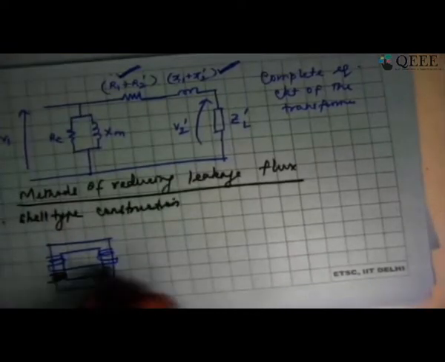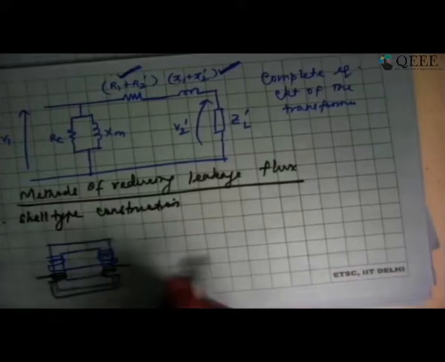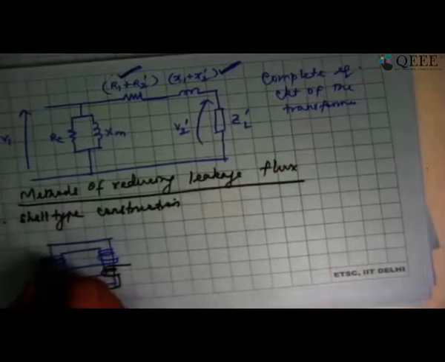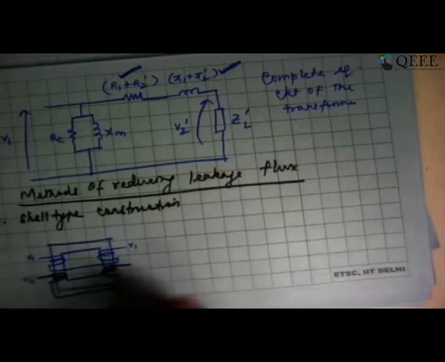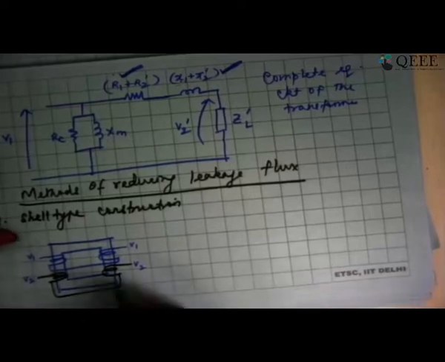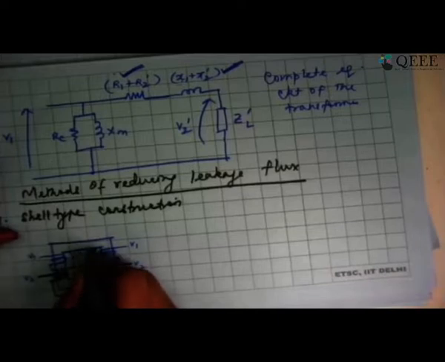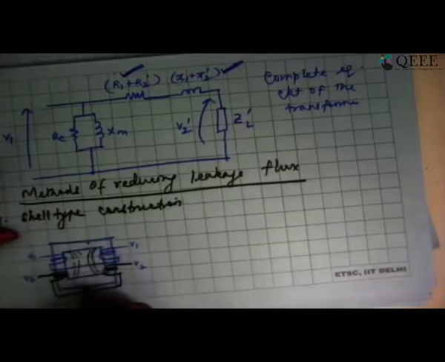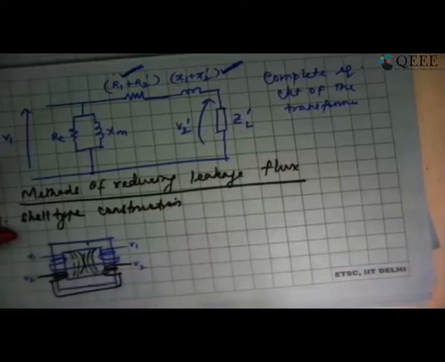Secondary will also be wound in the same way and connected together. The blue one is primary. V1 is applied between these two terminals, and V2 is tapped out between these two terminals. But still, because the window existing between the upper limb and the lower limb is big and long, there will definitely be leakage lines flowing like this.